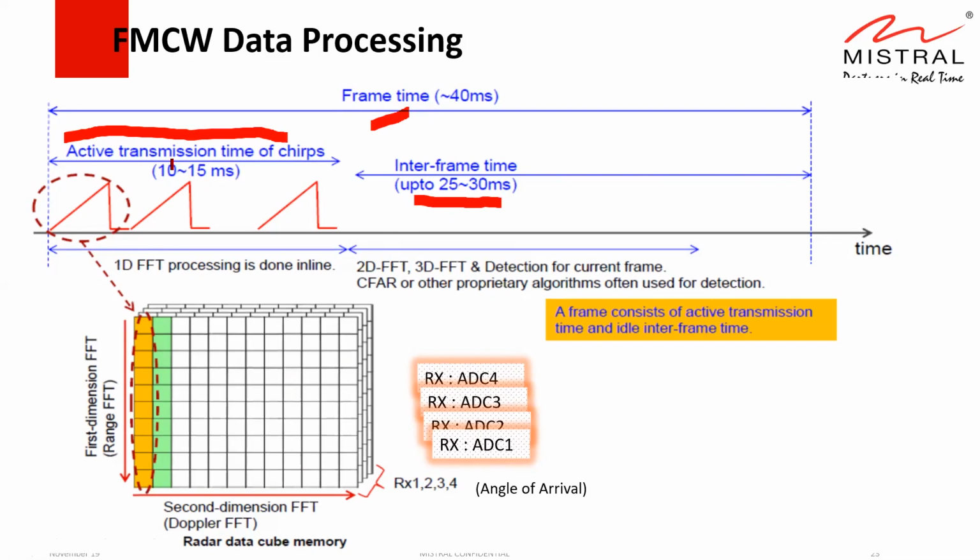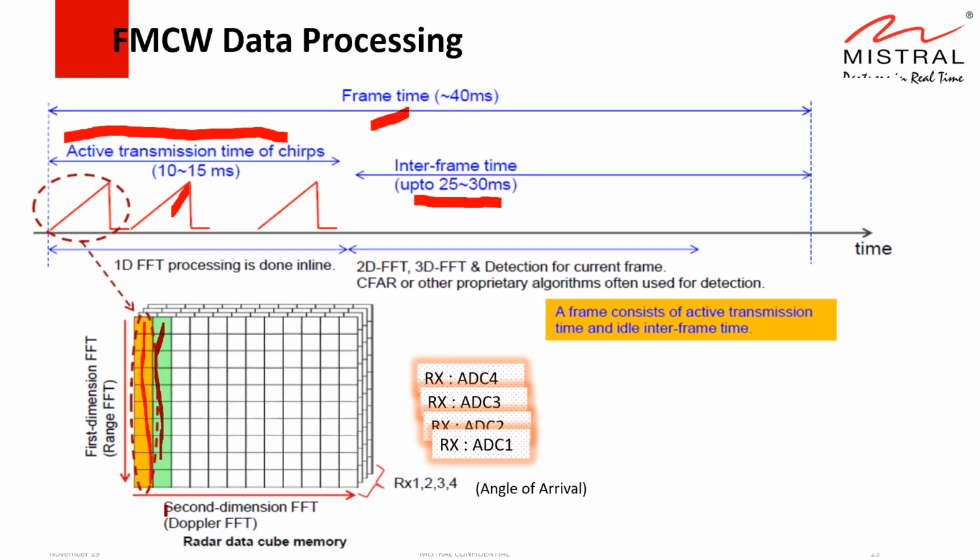Typically, when you take a chirp, you perform the FFT, and you put the targets in a row like this. Subsequent chirps are processed, and the target data are stored in continuous rows.